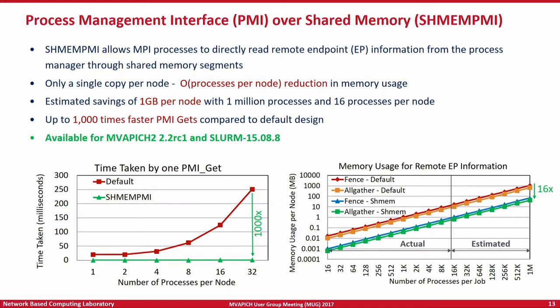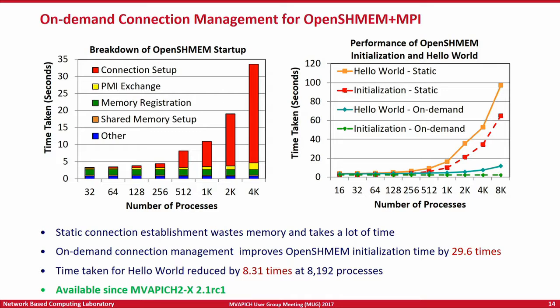So there is a significant improvement in overall job startup time, and these have been done because we have been able to understand where the bottlenecks are and come up with innovative and novel solutions to address these challenges by avoiding them or completely eliminating them.